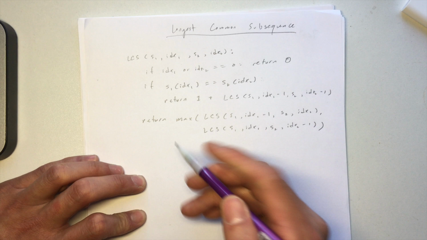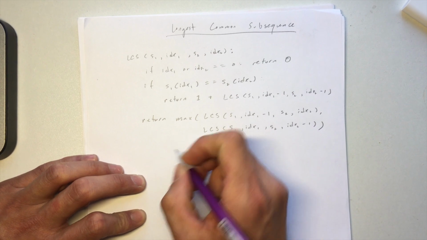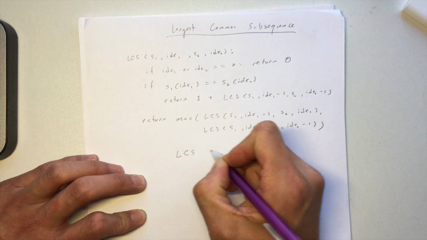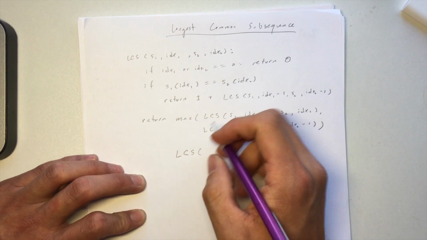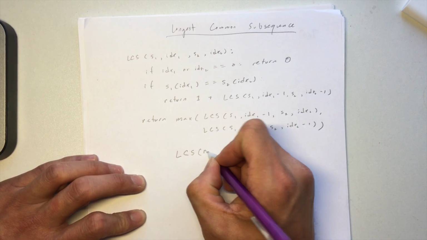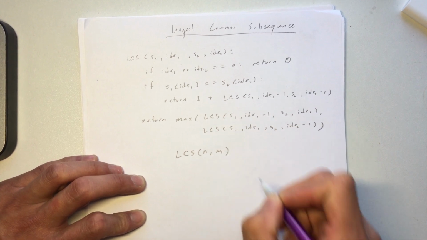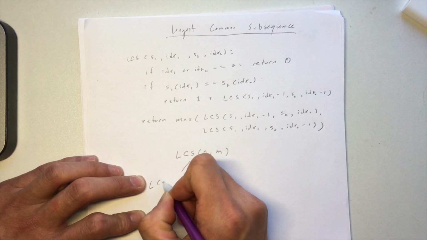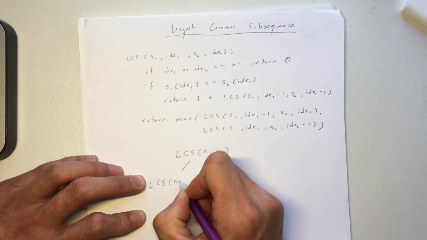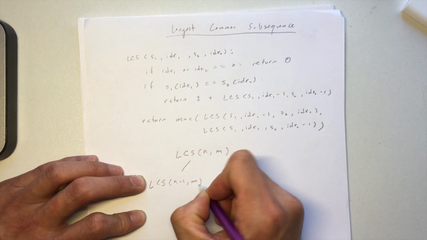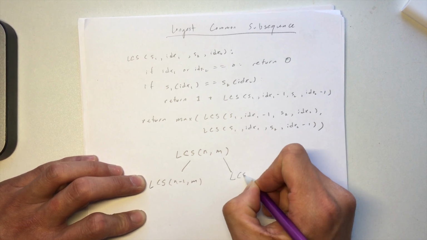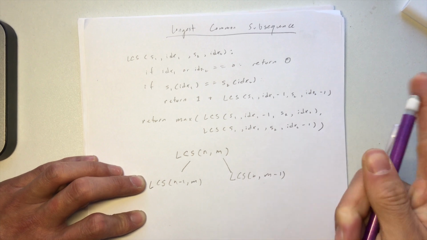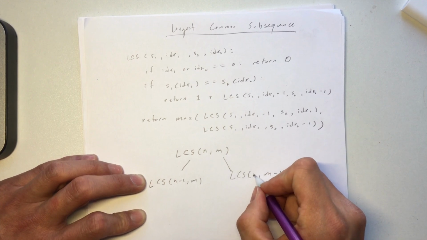So let's take a look at an example. We start at LCS of, let's make up numbers, N and M. If, let's say, they don't equal, then it's N, M minus 1, and N minus 1, M. We need to check these indices.